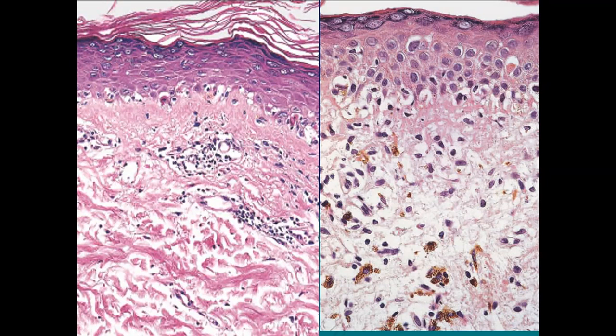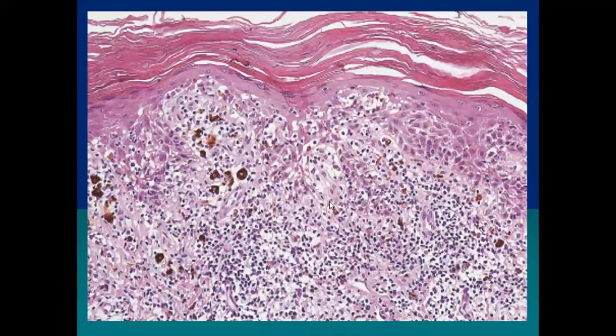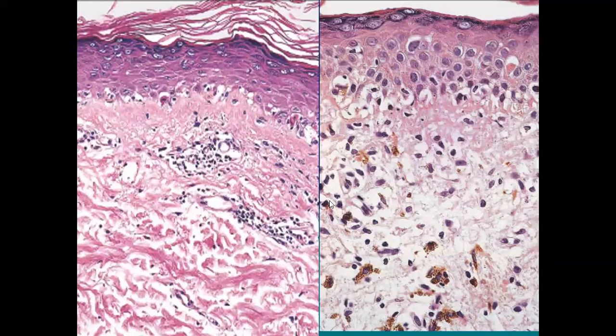In the interface dermatosis, there is erythema multiforme, Stevens-Johnson syndrome, toxic epidermal necrolysis, and almost all the important autoimmune connective tissue conditions like SLE, systemic sclerosis, dermatomyositis. Even we see this interface change in acute graft versus host disease and in fixed drug eruption.